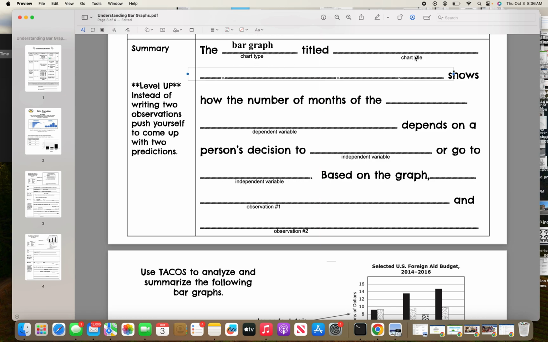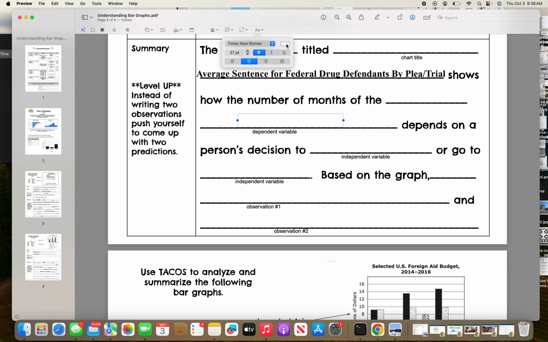And what about the title? Well, just look up above. And what is our title? You guessed it. The title is average sentence for, it's right there. Good. What about our dependent variable? What was our dependent variable? Average prison sentence. Okay.